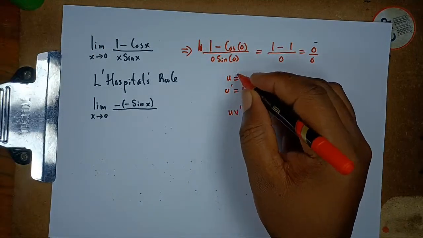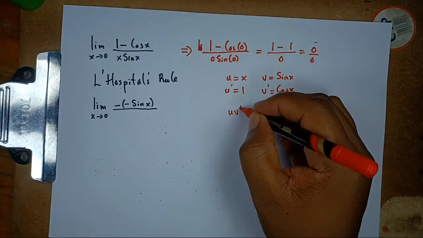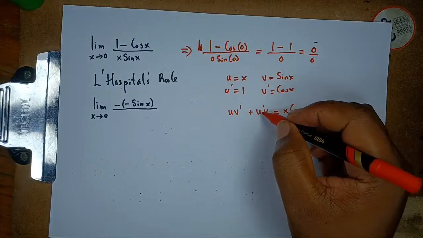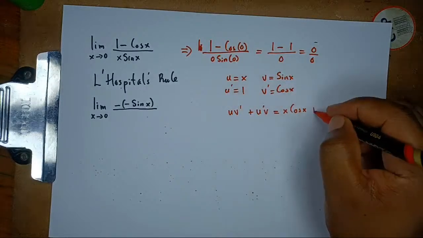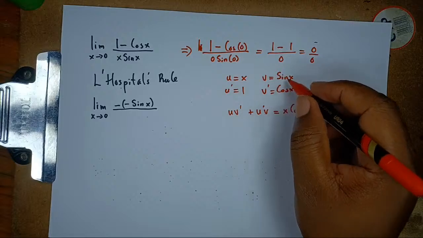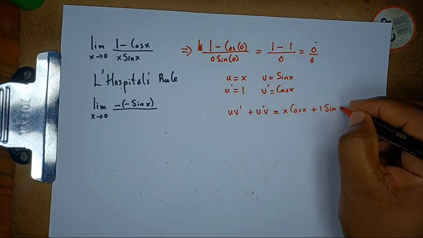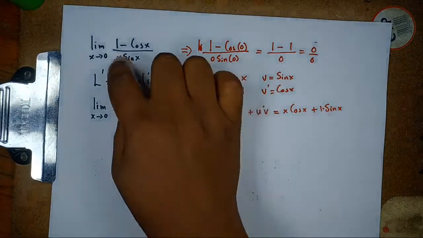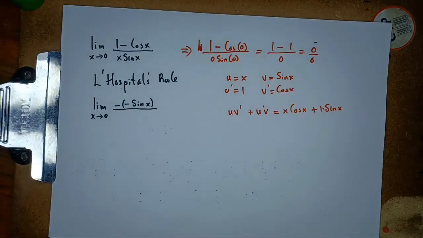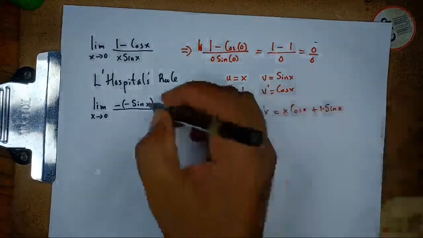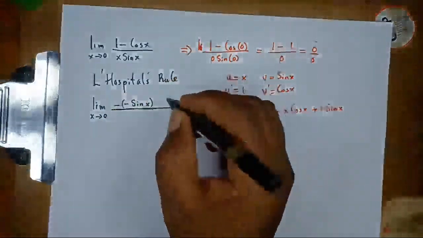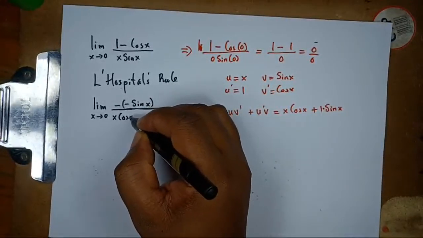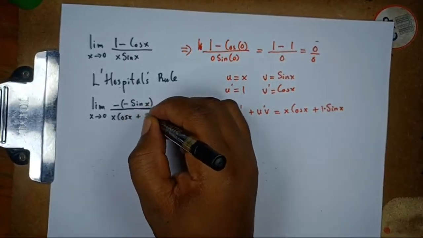So our u is x, v prime is cos, u prime is 1, and v is sine. So the derivative of x sine x is x cos x plus sine x.